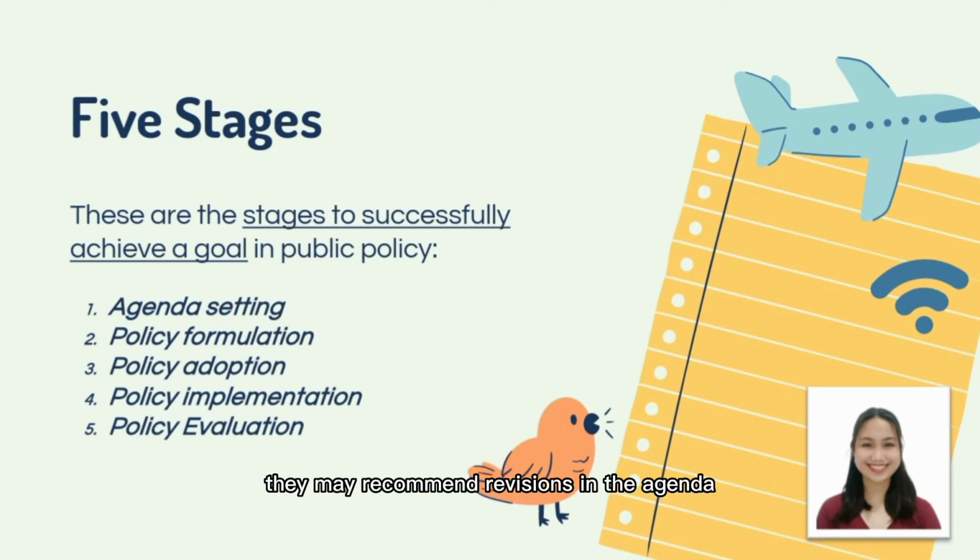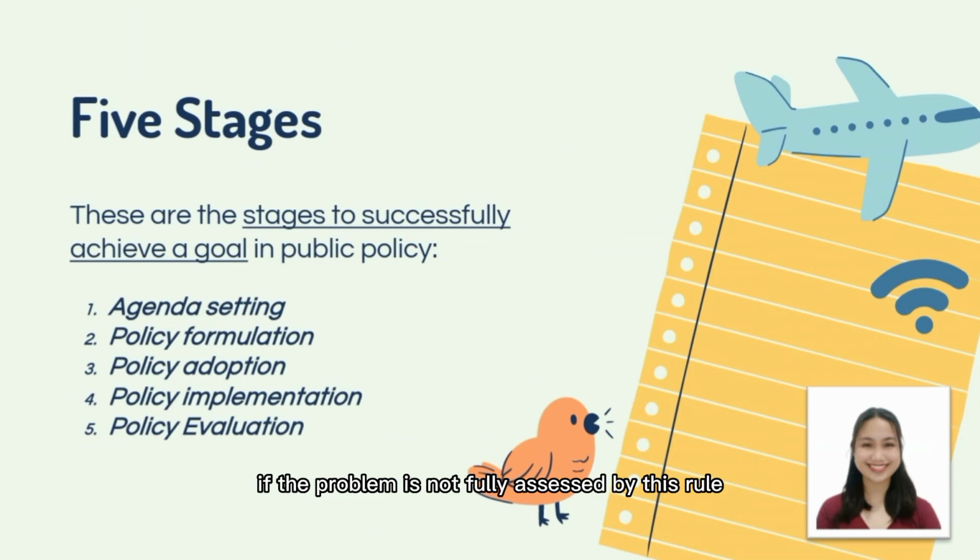They may recommend revisions in the agenda, in the formulation of policy, or in its implementation. In revisions, that's where they suggest changes that would fit perfectly to resolve the problem.